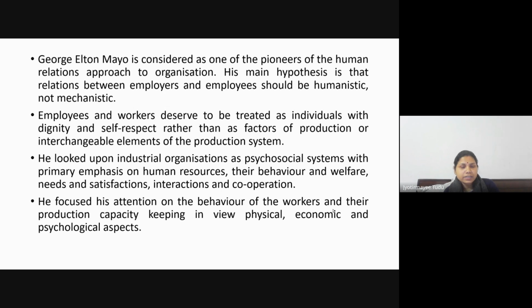So it is not essentially about the material or monetary thing. In that regard, Elton Mayo suggests we pay specific attention towards the behavior of the workers and how they perceive the production system itself.